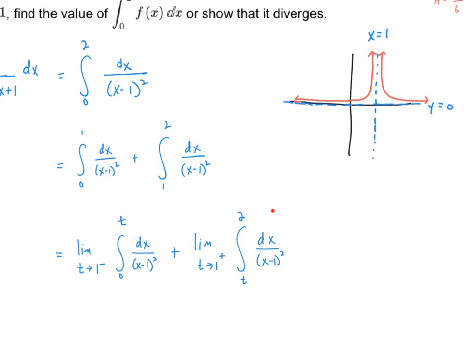So now we see here we're going from some t value to 2, somewhere here, finding all that area. But we want this t value to get closer and closer to 1 from the right hand side, and that's why we'll do this limit.